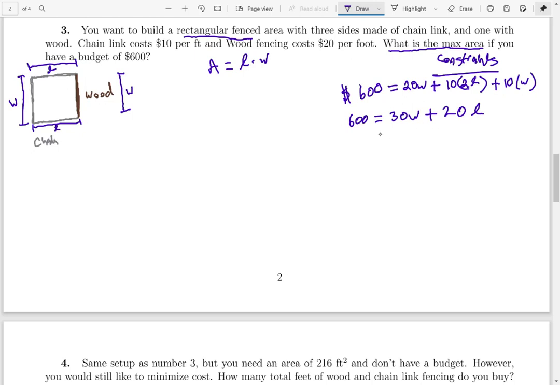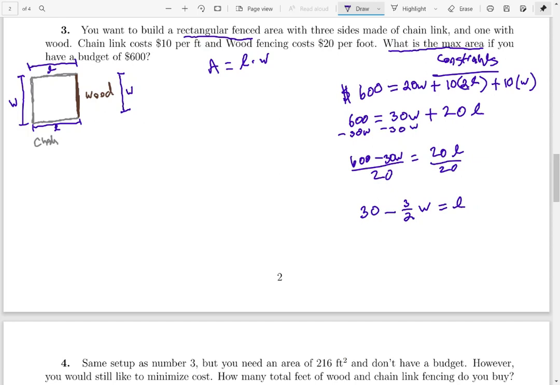If I solve for L, I subtract 30W from both sides, and we get that 600 minus 30W is equal to 20L. Then I divide it all by 20. 600 divided by 20 is 30, minus 30 divided by 20, which is 3/2 W, is equal to L.